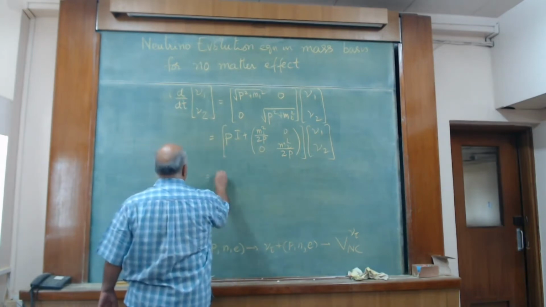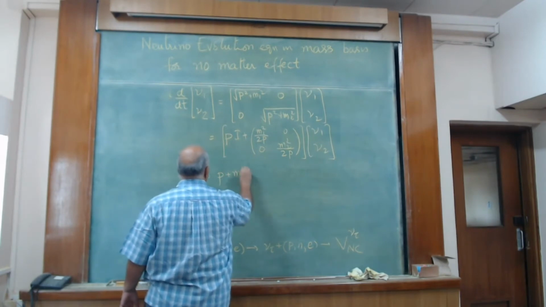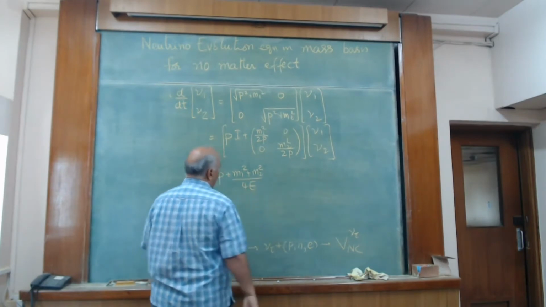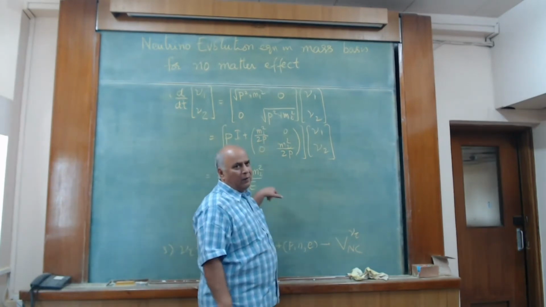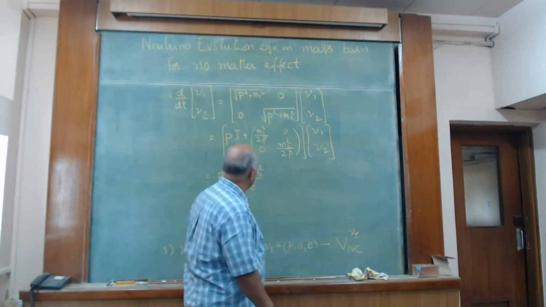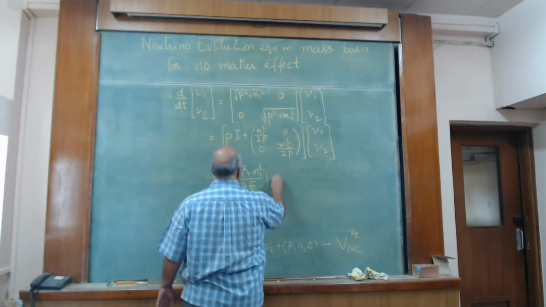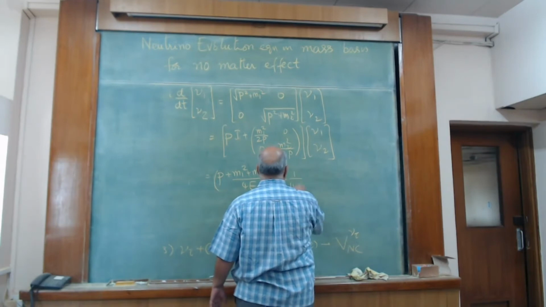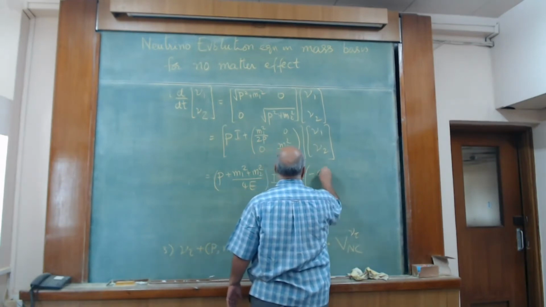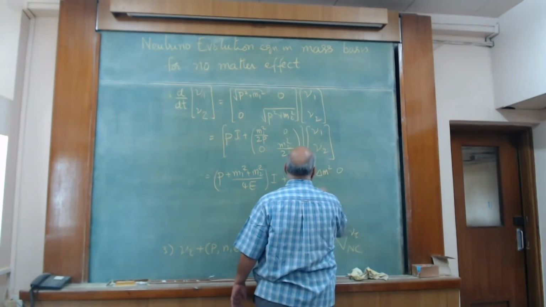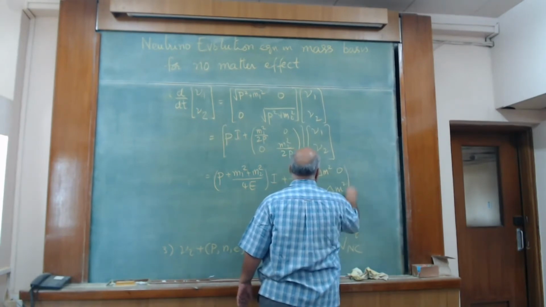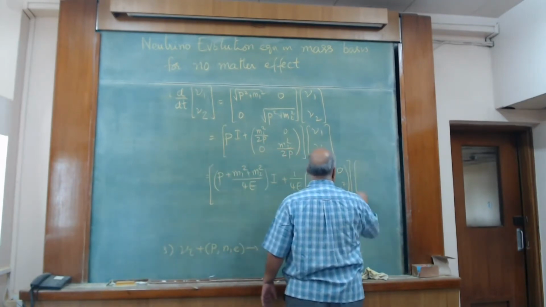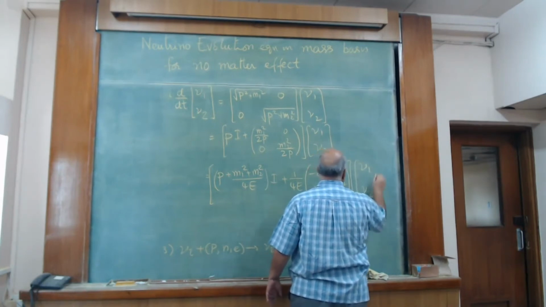And I will write this as, by the way, I replace the p in the denominator by E, which we have been doing, p times identity plus 1 over 4E times minus delta m square, 0, 0, delta m square, times nu1 nu2.